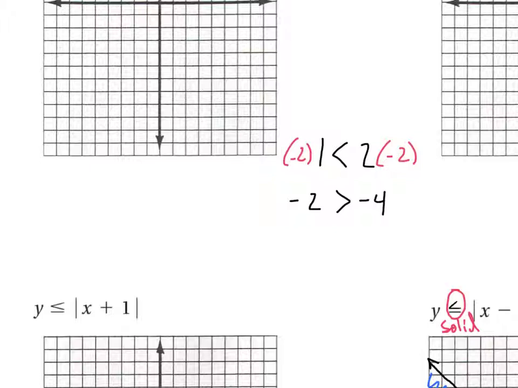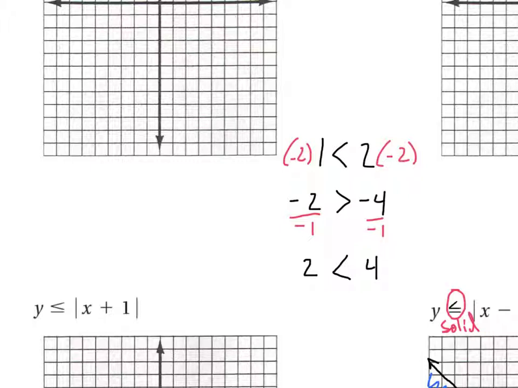So we flipped the sign. What if I divide both sides by -1? -2 divided by -1 is 2. -4 divided by -1 is 4. Which one's bigger? 4. The sign flipped again.